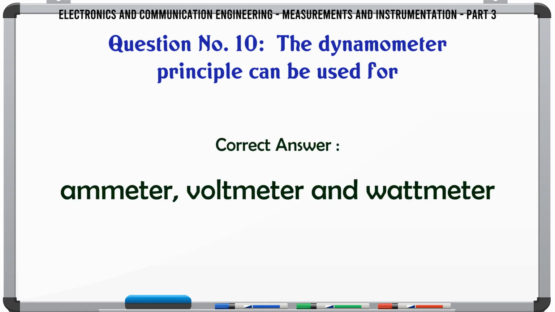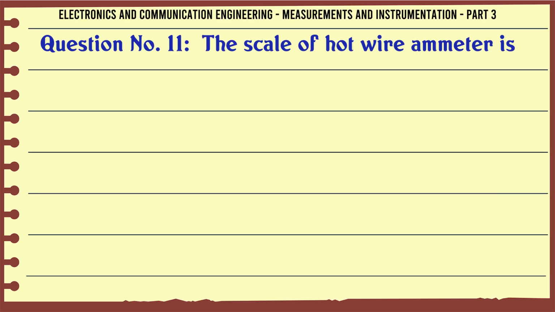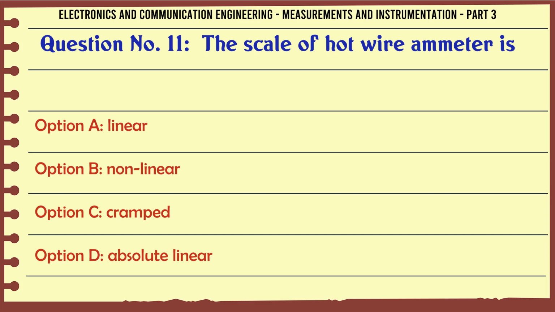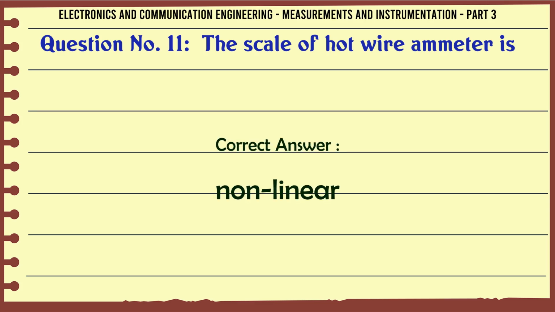The correct answer is ammeter, voltmeter and wattmeter. The scale of hot wire ammeter is: A, linear; B, non-linear; C, cramped; D, absolutely linear. The correct answer is non-linear.